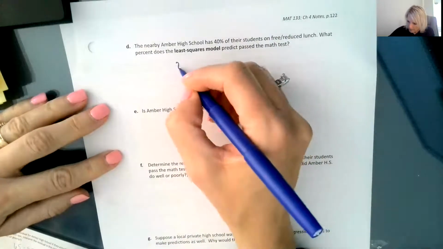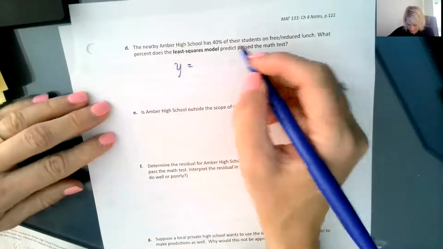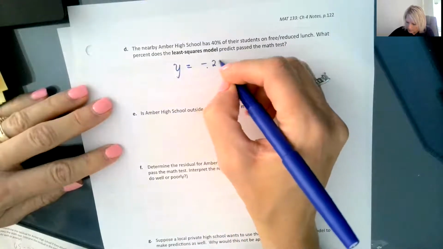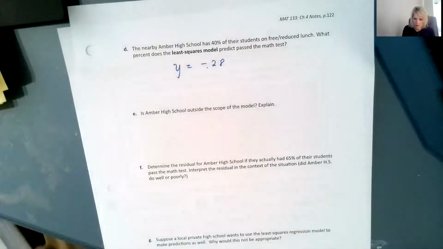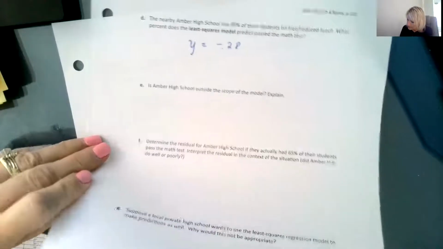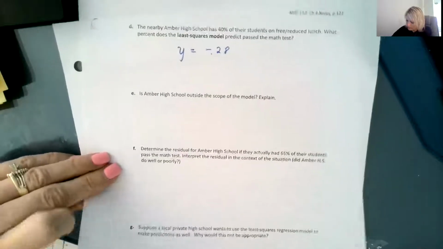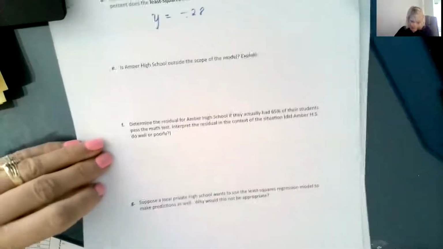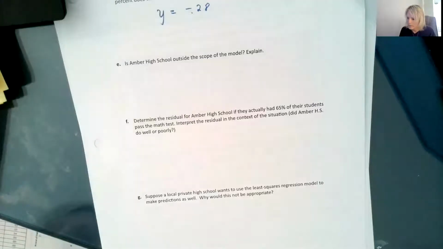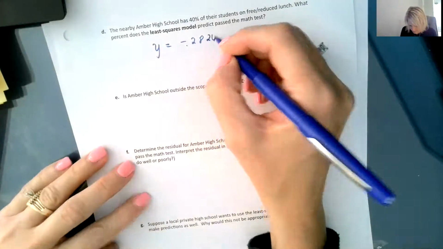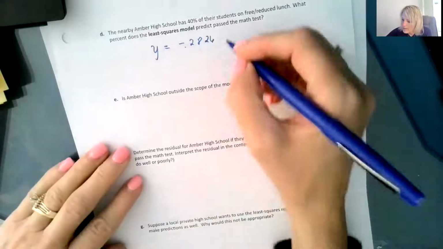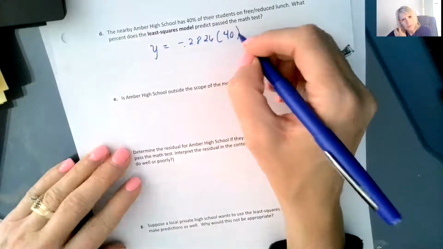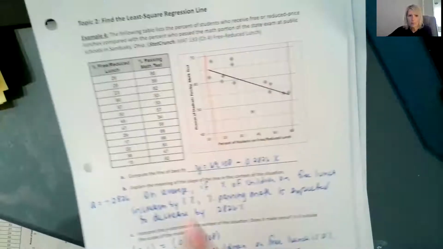That is negative 0.2826 times 40, and we're not going to put it as 0.4 because the data came to us as whole percents.